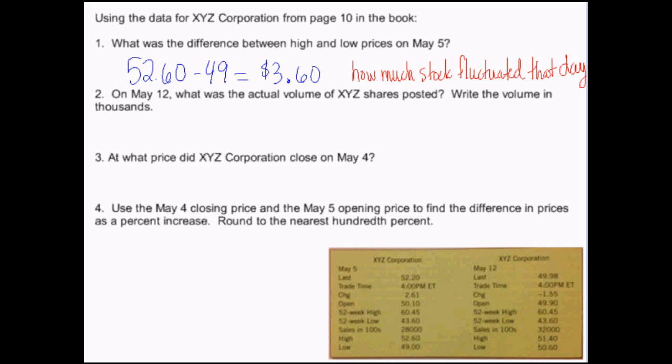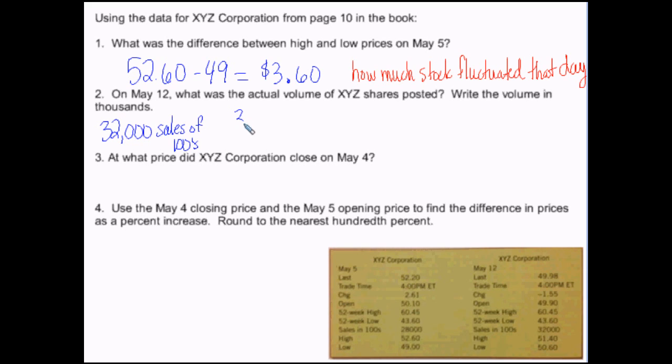On May 12th, what is the actual volume of the XYZ shares posted? Here it tells me sales in hundreds. Now remember, that tells me how many groups of 100 there were. So I have 32,000 sales of 100, which means there were 32,000 groups of 100.